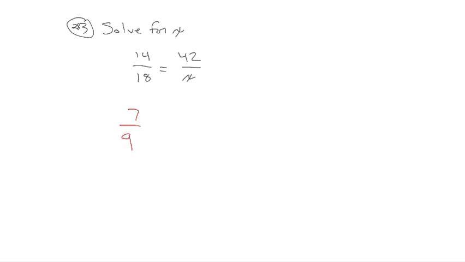So I can say 7 over 9 equals 42 over x. And already I have a much simpler problem. I can multiply these two numbers, 42 times 9, to get 378, and divide that by the remaining number here, which is 7.